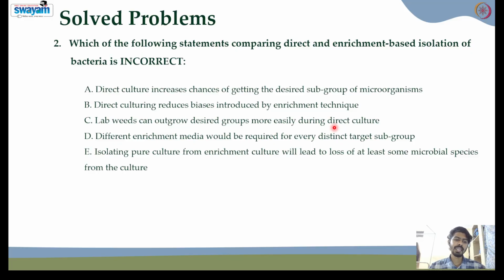Option C, lab weeds can outgrow desired groups more easily during the direct culture. Option D, different enrichment media would be required for every distinct target subgroup. And option E, isolating the pure culture from the enrichment culture will lead to the loss of at least some microbial species from the culture. So which is incorrect? You can post your answers.